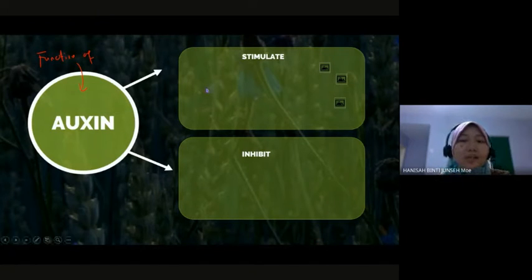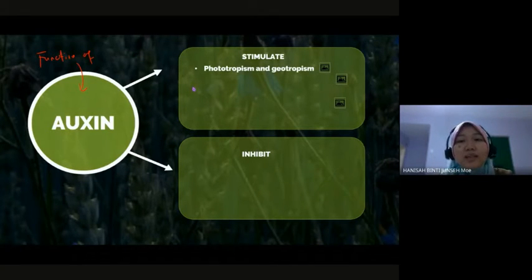All right. So for stimulate, auxin helps to stimulate phototropism and geotropism. It's not really stimulate; to be precise, auxin is functional, involved, or responsible in phototropism, which we learned in the previous session, and geotropism.